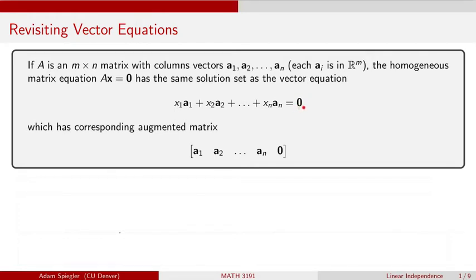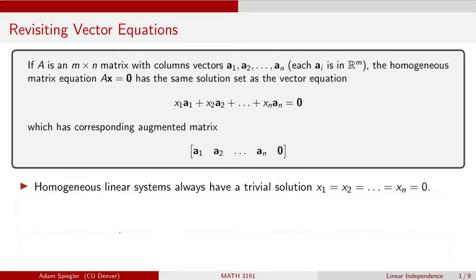When we set the right side equal to 0, we call this a homogeneous matrix equation. This matrix equation is equivalent to this vector equation, which is equivalent to a system of linear equations with the following augmented matrix, where again all of these are column vectors: the first column vector of A, the second column vector, and the last column vector consists of zeros.